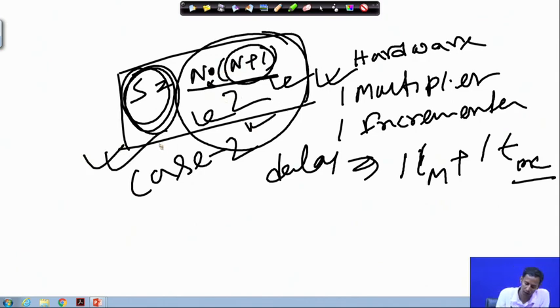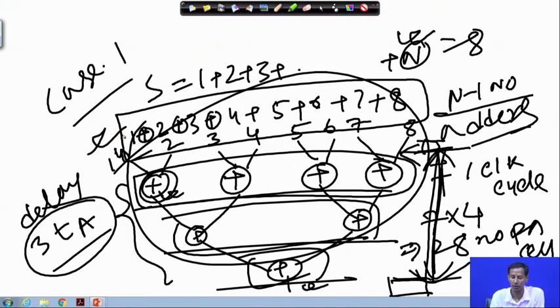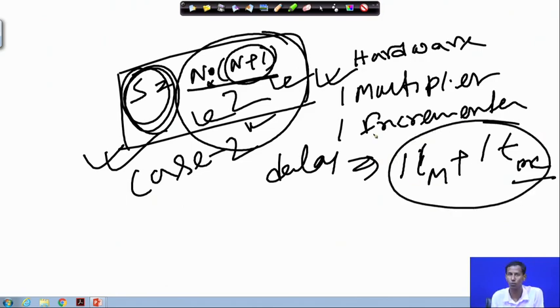Where will I use this particular circuit? Though the delay of this circuit is more than the previous case, this style I can also use somewhere.